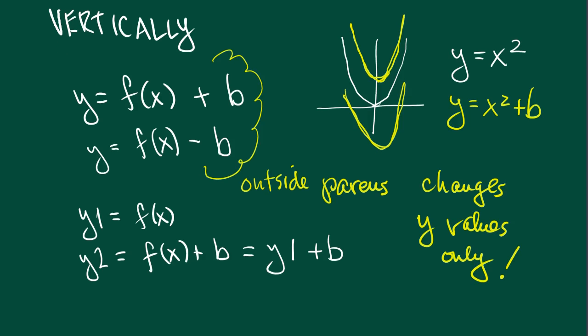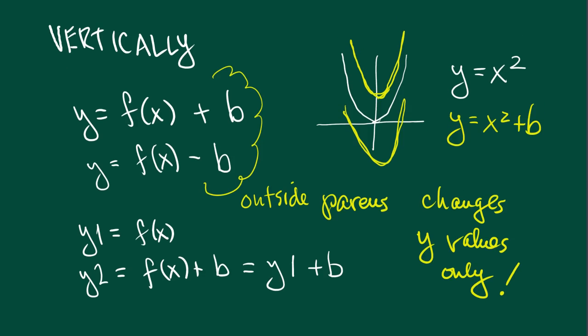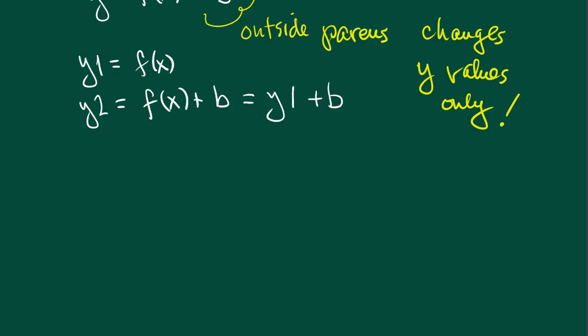Now let's talk about what it takes to produce a horizontal shift. You might suppose that if the outside parens addition or subtraction of a constant produces a vertical shift, that something inside parentheses will produce a horizontal shift and change x values. And that is in fact how it works.